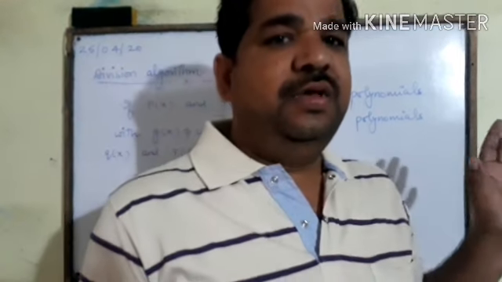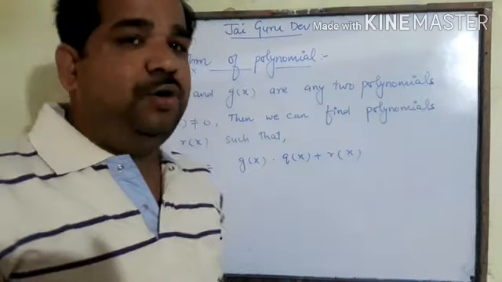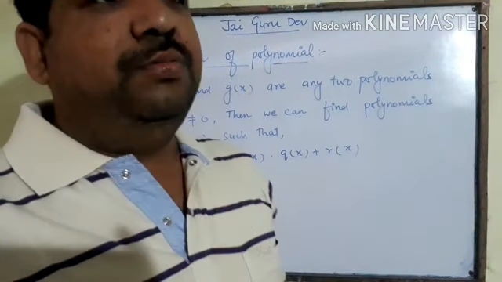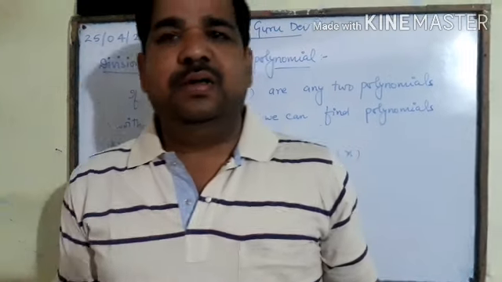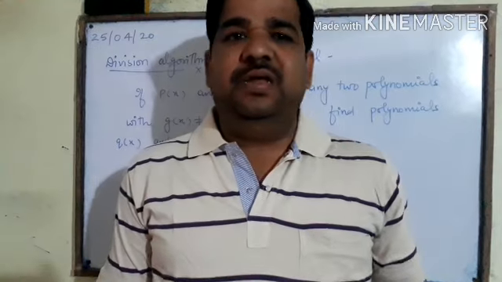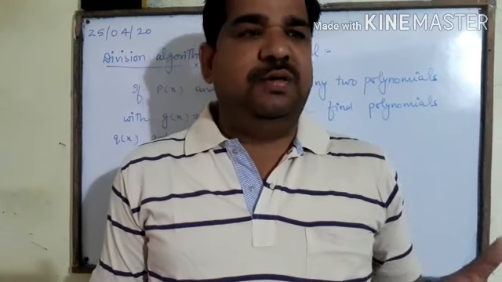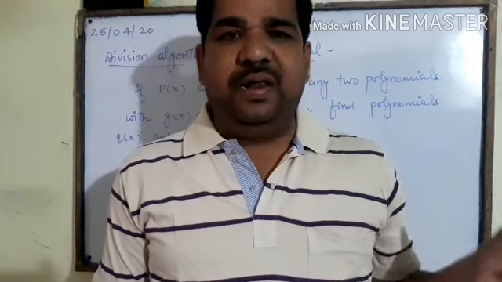Class 10th. Yesterday we discussed the division algorithm of polynomials. As we know, whenever we divide a number by another number, we get either some remainder or the remainder as 0.